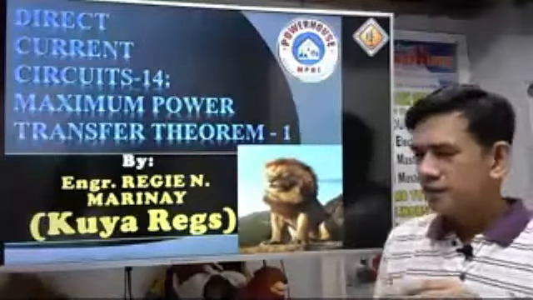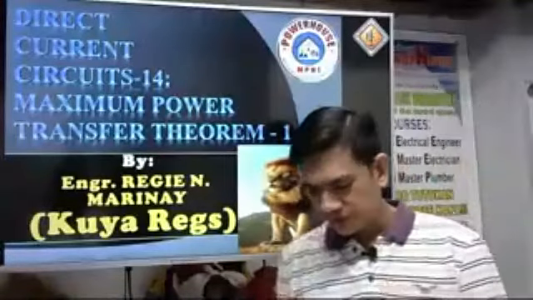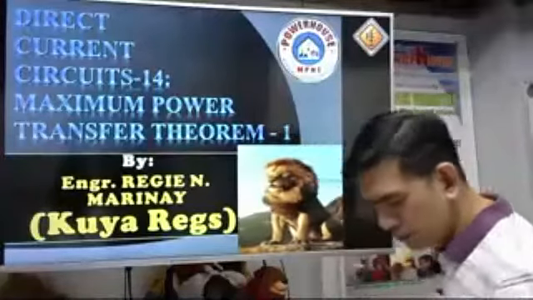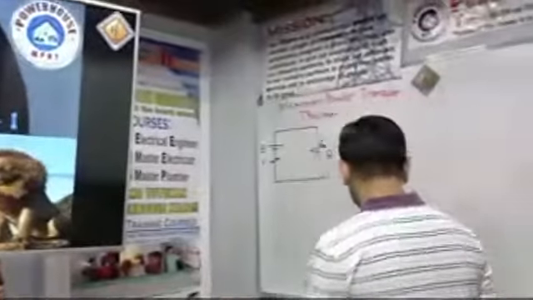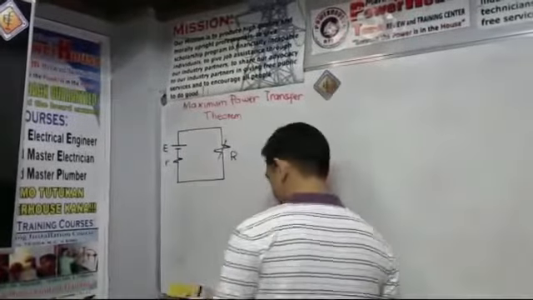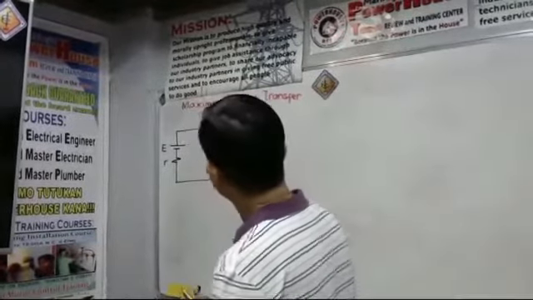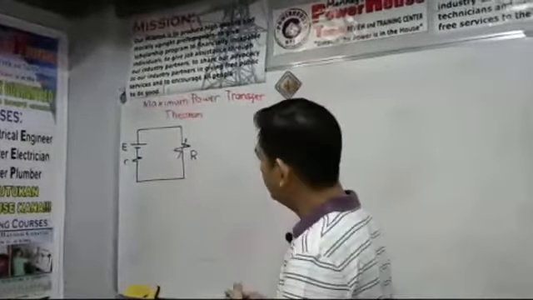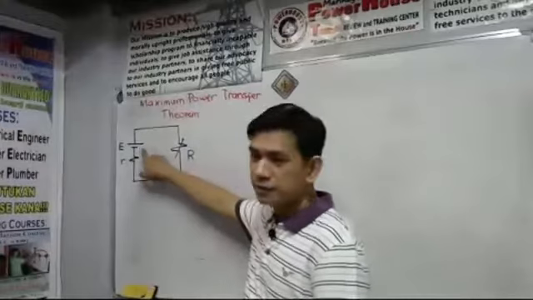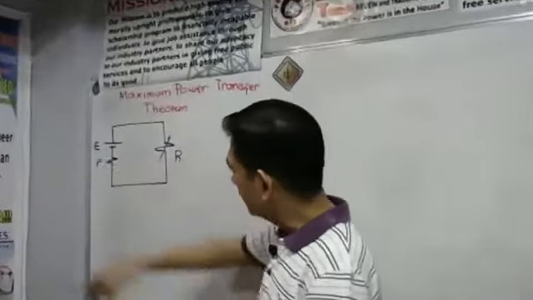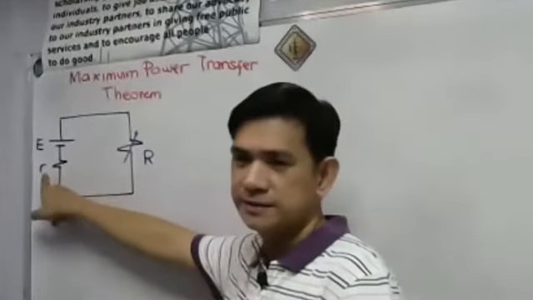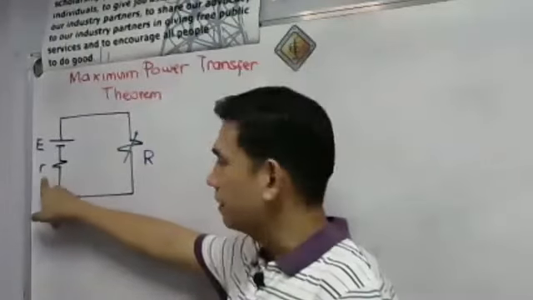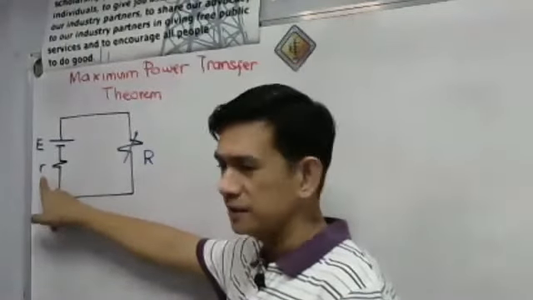Okay, so we're going to discuss the maximum power transfer. Let's go over to our whiteboard. Maximum power transfer theorem. So let's say we have a battery. It has an internal EMF of E, and we have internal resistance small r, that internal resistance r here.